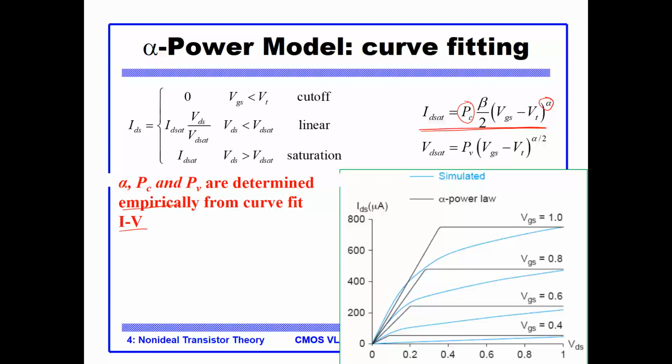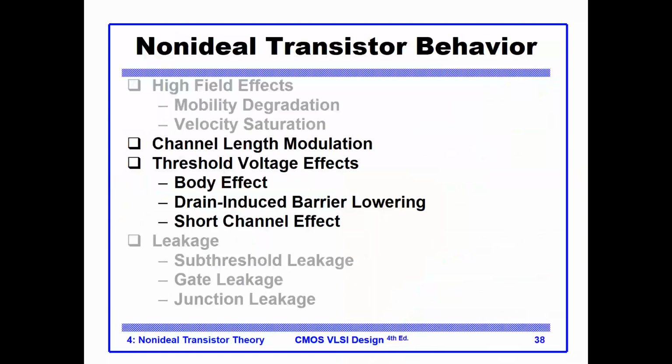And this alpha is somewhere between 1 and 2. Okay, but it never reaches 2 because we don't get to the ideal behavior. The end result of all of this is that we are getting less IDS current because of this velocity saturation and mobility degradation. Okay, that's the main message here.